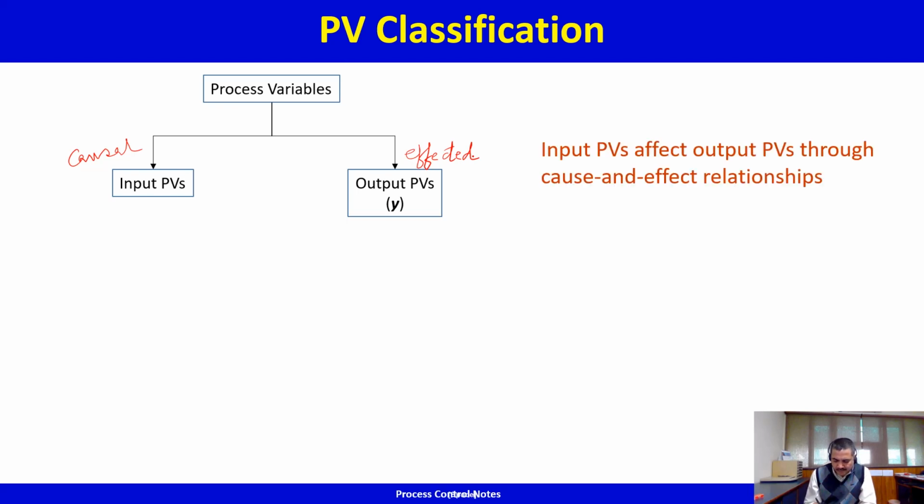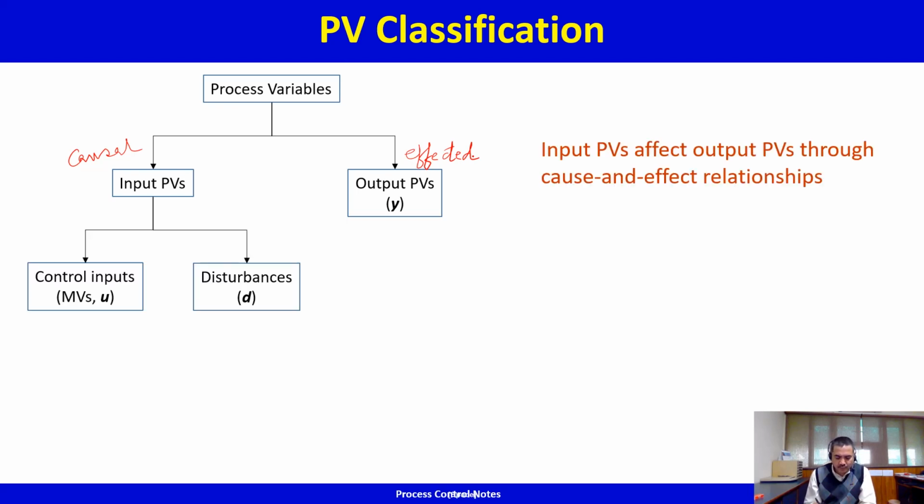Input process variables are further classified into control inputs or manipulated variables, and disturbances. Manipulated variables are inputs to the process that we can adjust, or a controller can adjust. Disturbances are input process variables that are not adjustable.